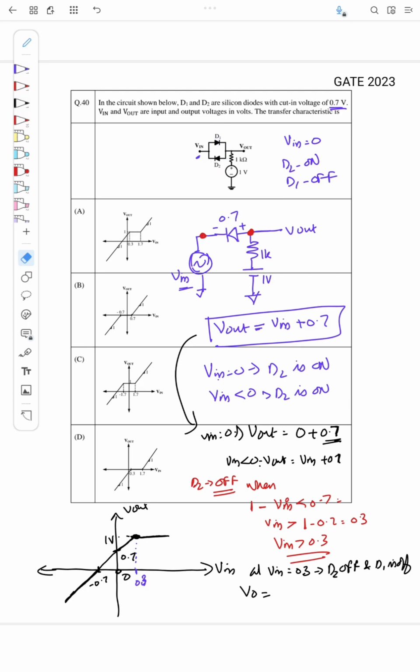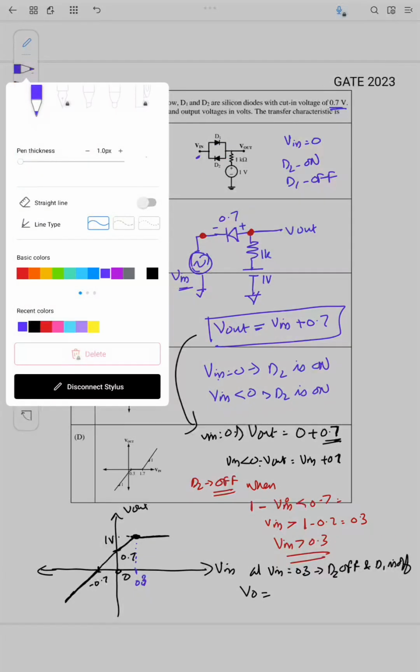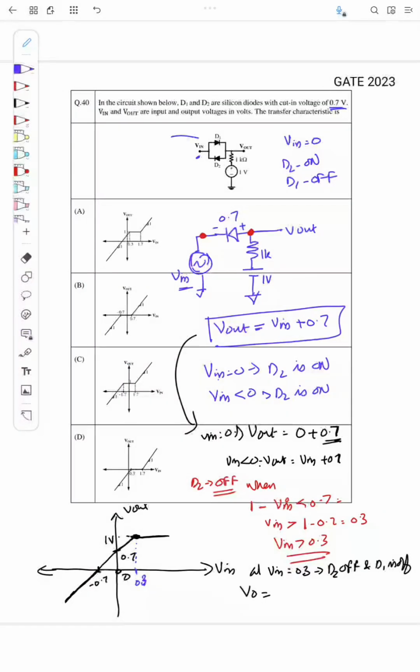So we'll see when D1 becomes on. D1 is on when this node voltage minus this node voltage is greater than 0.7, or Vin minus 1 is greater than 0.7, or when Vin is greater than 1.7 volt.